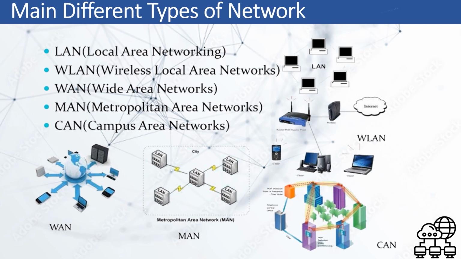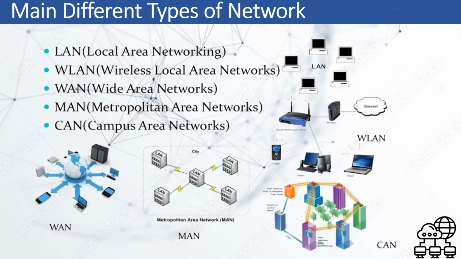We also have the metropolitan area network. It is a network that covers a larger area than a LAN, but smaller than a WAN, typically covering a city or a large campus. It is typically used to connect multiple LANs within a geographic region. We also have the wireless local area network, which is a wireless communication technology used to connect devices instead of physical cables. Lastly, we have the campus area network.